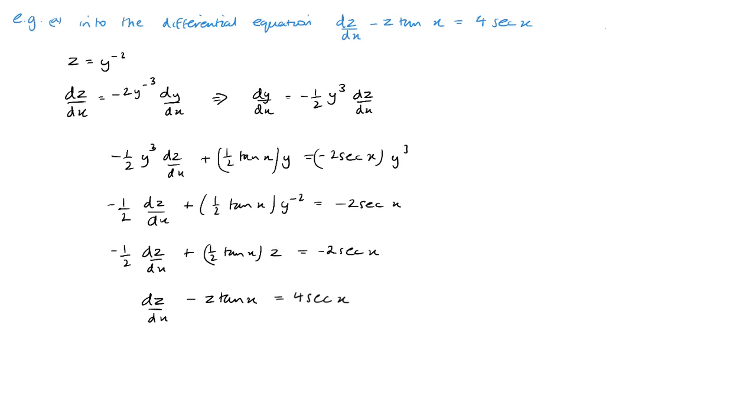Comparing with the top, that's right, and that's right. So we have done what we needed to do for part A. We've converted it. That's how you use a substitution to convert a differential equation into one of the form we can solve. Part B is now we're going to solve it.